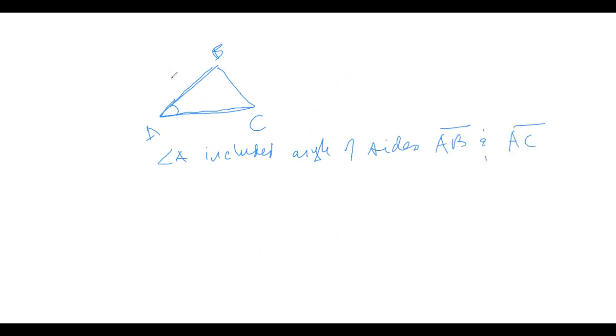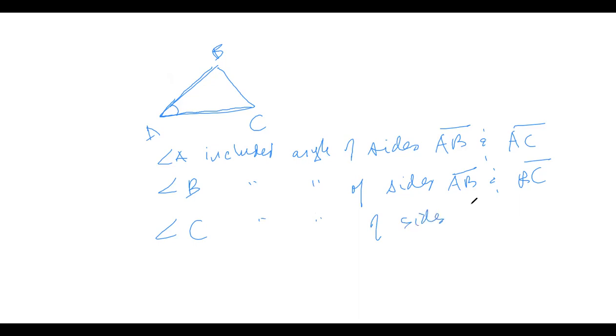Okay, so for side AB and side AC, angle A is the included angle. Now, which sides will include angle B? So if angle B is the included angle, which sides will that be? That will be the ones that enclose it, AB and BC. And what about angle C? If angle C is to be an included angle, then we have what?